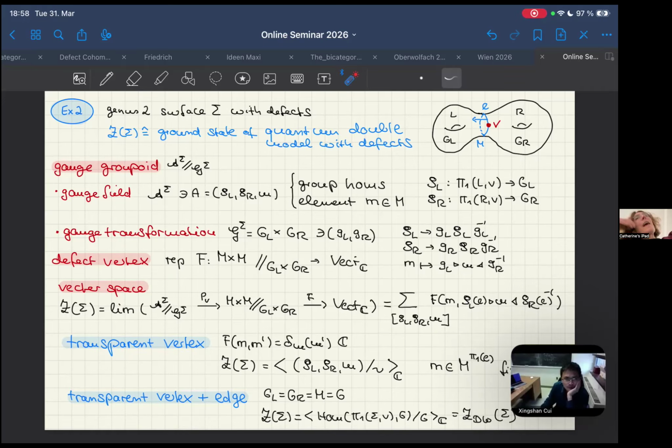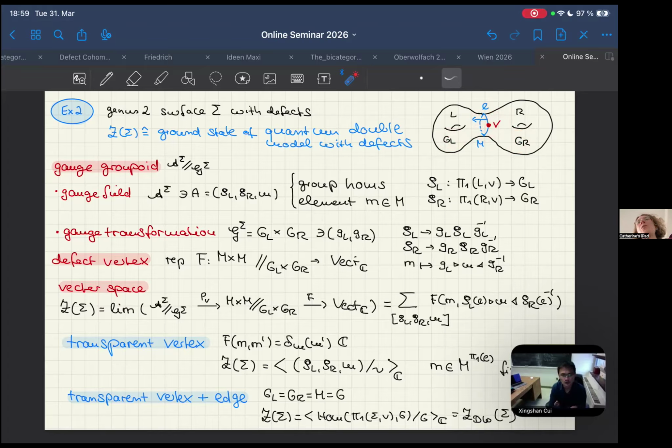Maybe I should start by answering a question from before about the defect points or the punctures. So what I could do here is I could also label the edge here with the transparent edge. So if these two groups are the same and the edge is labeled by the same group, then I have a transparent edge. But the vertex could be non-transparent.